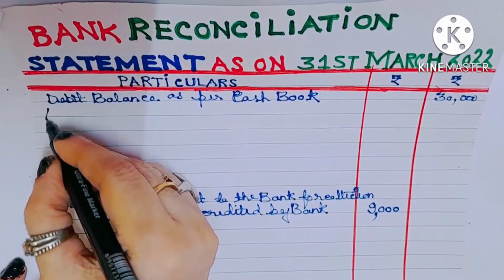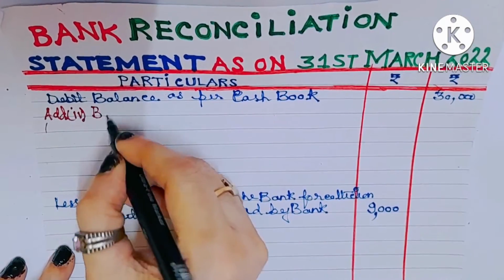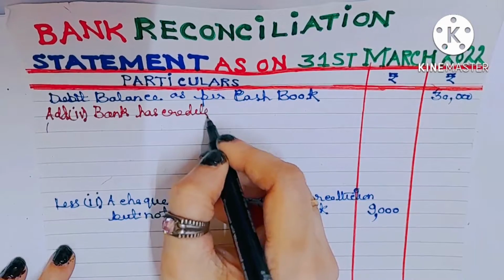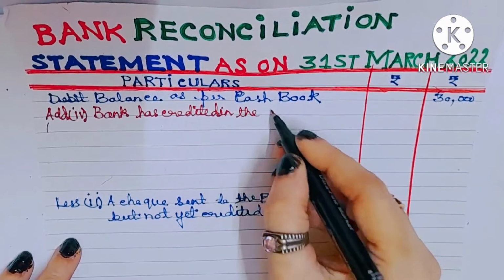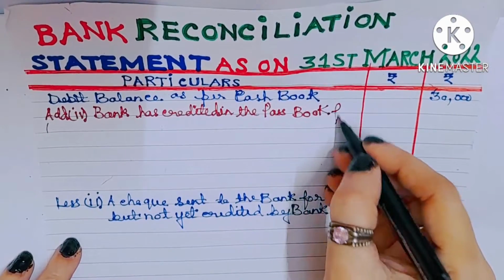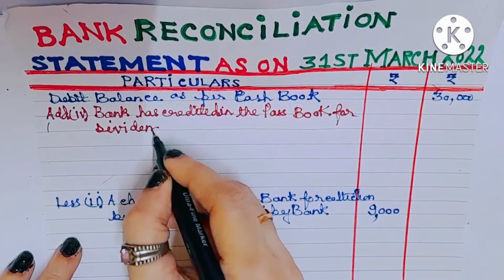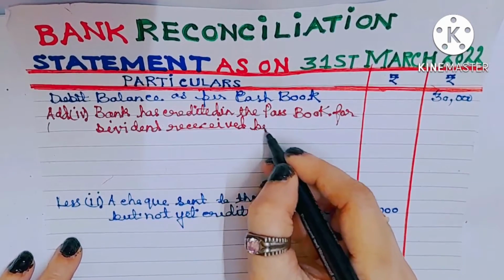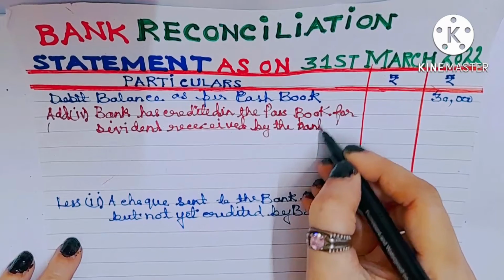So add number 4: bank has credited in the passbook for dividend collected or dividend received by the bank but not recorded in the cash book.